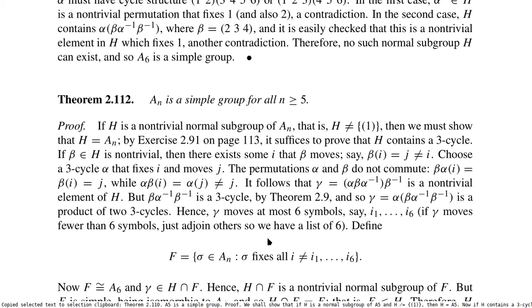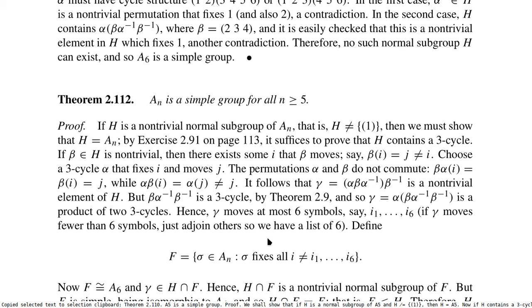So you take beta in H, then there is some i that beta moves, right? So beta of i is equal to j, that is distinct from i. Then choose a three cycle alpha that fixes i and moves j. Now alpha and beta do not commute, because beta alpha of i is equal to beta of i, that is equal to j. But alpha beta of i is equal to alpha of j, that is not equal to j, because alpha fixes i and moves j.